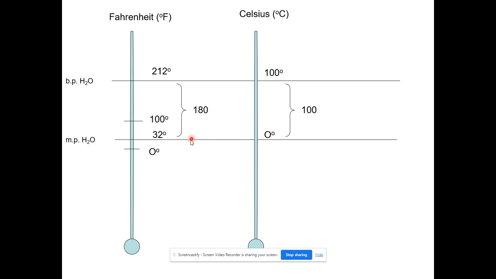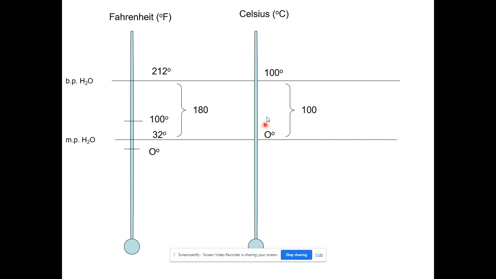So there's 180 Fahrenheit degrees between the melting point of water and the boiling point of water. On the Celsius scale, there's 100 degrees between them, because water melts at 0 and boils at 100. Or rather, ice melts and water freezes at 0.